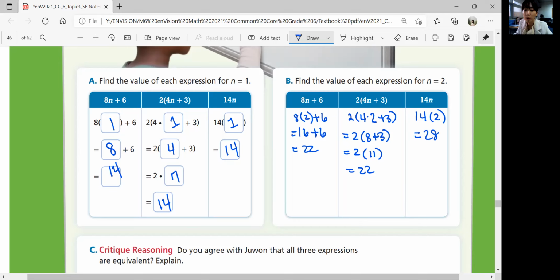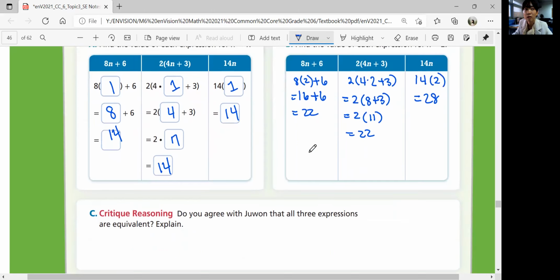Using the distributive property, 8n plus 6 is equivalent to 2 times 4n plus 3. So they should be the same, right? Because if you multiply the 2 out, you get 8n plus 6. But is it equivalent to 14n? No, you cannot turn 14n into 8n plus 6 or 8n plus 6 into 14n, right?